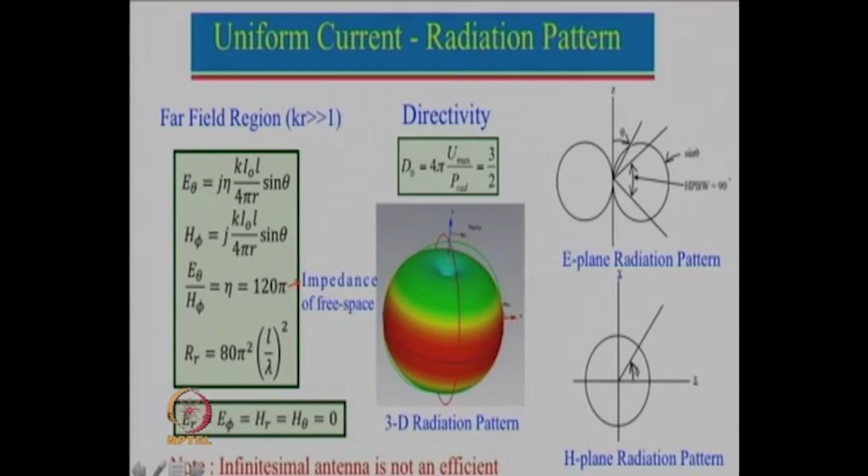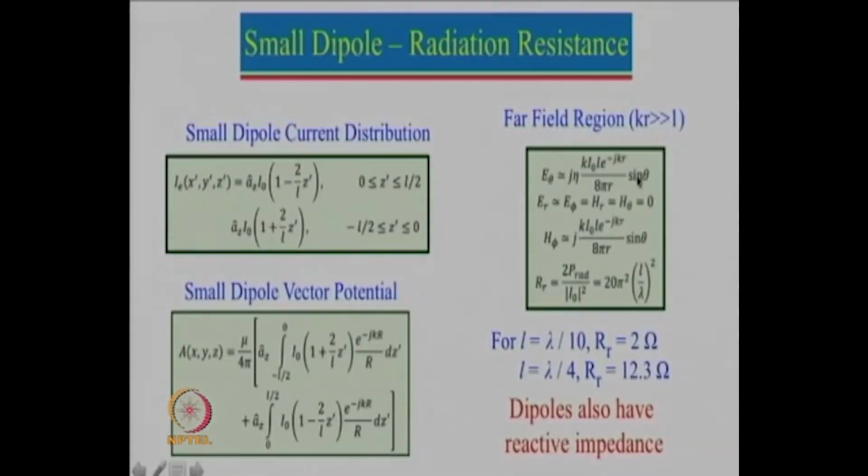So in general you should not be using this formula at all, but you can see that this value is about 4 times more than the expression I showed you for the triangular distribution, because I is increased by 2 times, as there it is triangular, here it is uniform. So 2 times current increase means 4 times radiation resistance increase, but please do not use this particular expression even for an infinitesimal dipole. I always recommend people to use this particular expression over here.